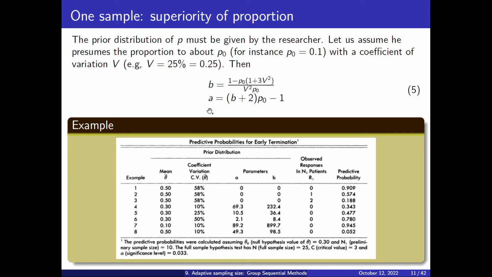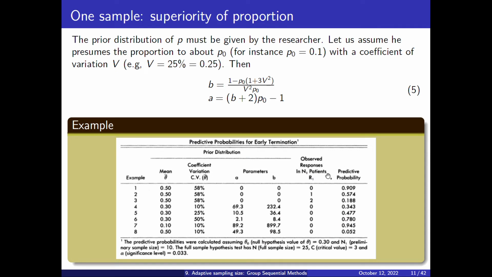Okay, so for instance here we have a few examples. So let's say that theta is the probability of response, and this is the prior coefficient of variation, and then we have A and B, and then we have some examples.